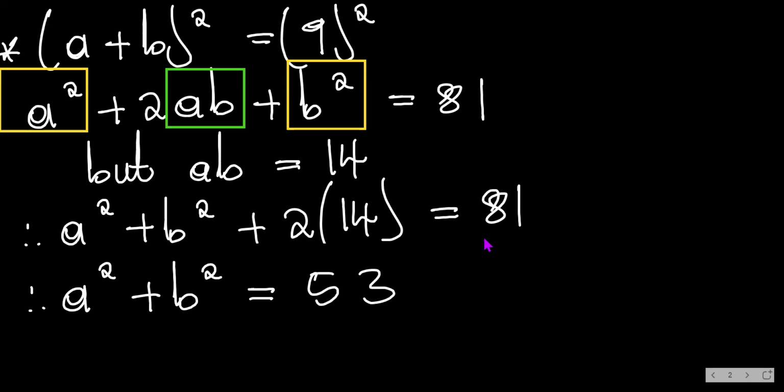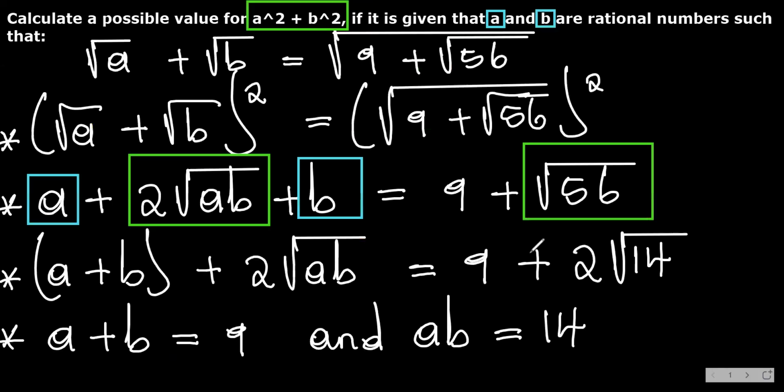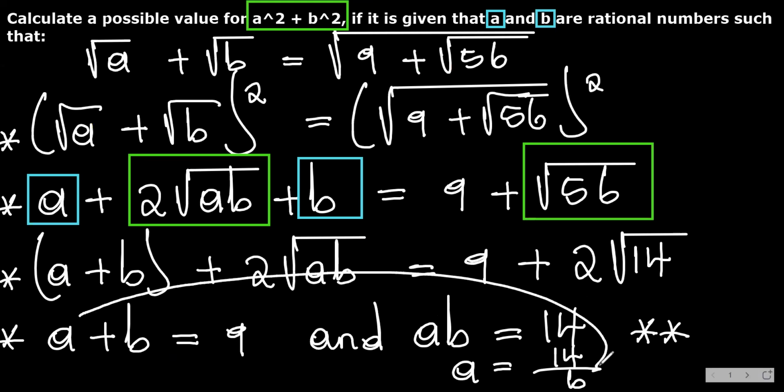You could have done it by simultaneous equations from this point, the point where I'm putting 2 asterisks. Yes, you could have done it by simultaneous equations and maybe go to this one and solve for A and say A will be 14 over B. Then come back and substitute A into this equation so that you can have everything in terms of B only.